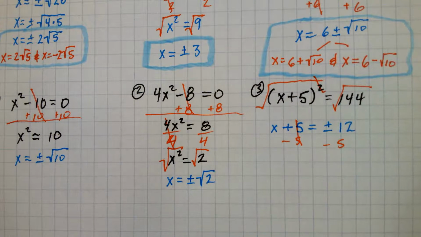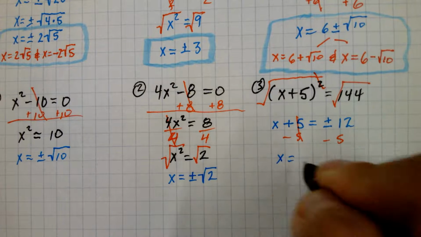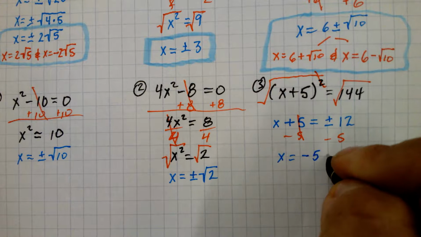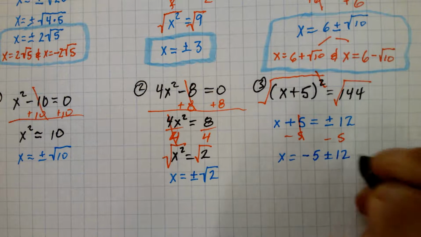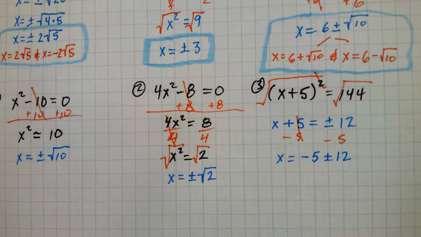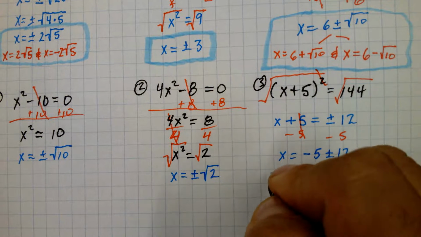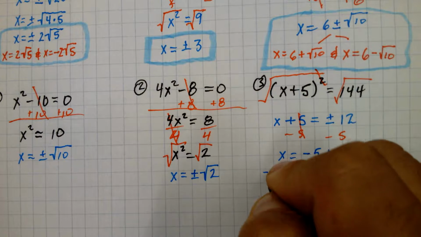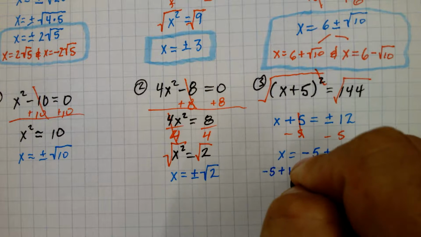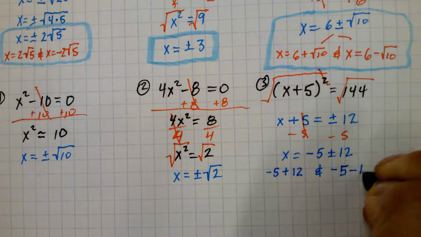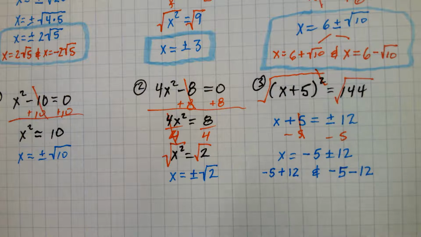So I'm going to write it like this to begin with. X equals negative 5 plus or minus 12. Now, if you leave it this way when there's no square root, you won't get full credit. You haven't really finished everything. We have to do negative 5 plus 12 and negative 5 take away 12, because we can get actual integer answers.